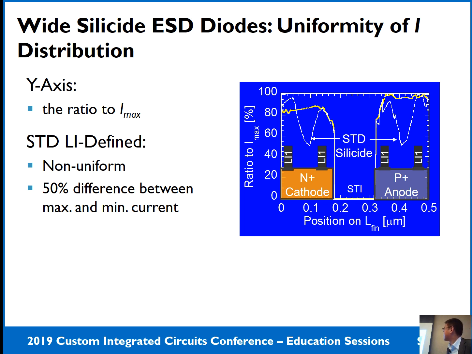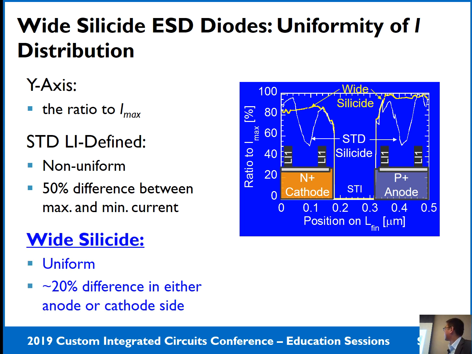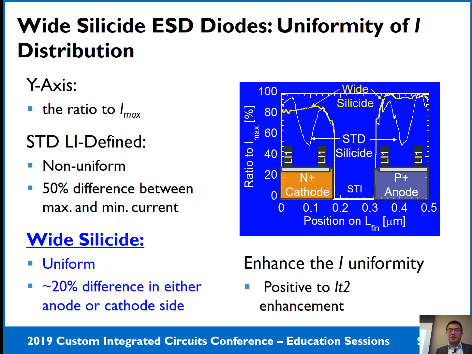For this standard silicide, meaning the local interconnect defined silicide, the peak to valley difference is around 50%. But with this wide silicide, the current uniformity is enhanced. The maximum and the minimum value differ by only around 20%. So indeed the current uniformity is enhanced, which is positive for IT2 enhancement.